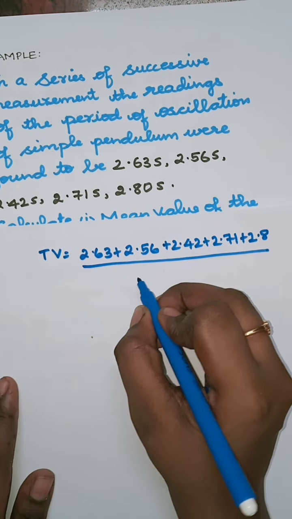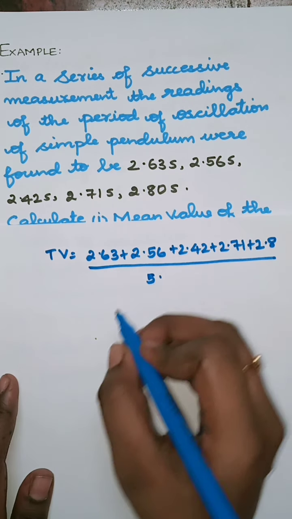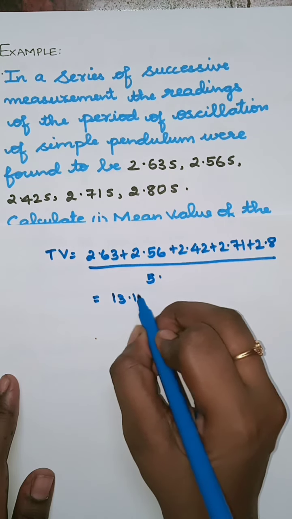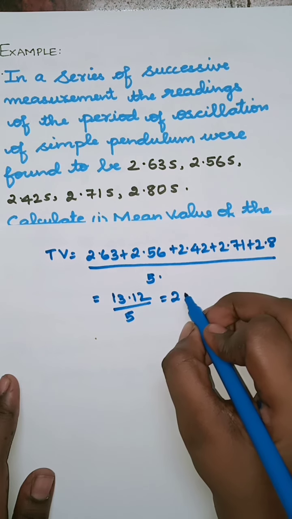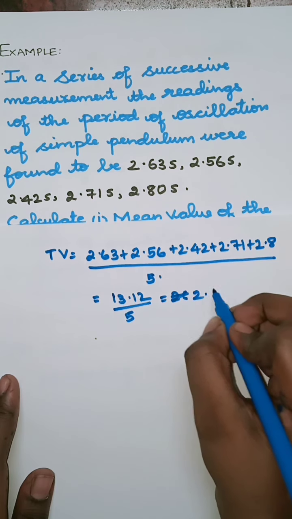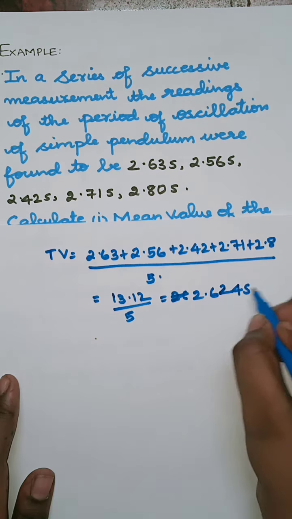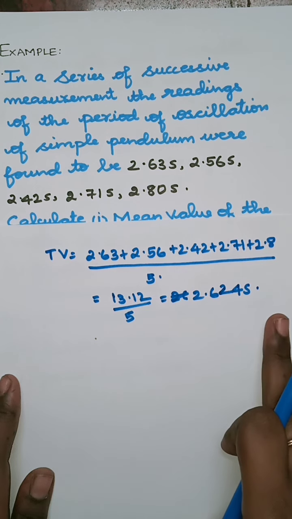How many values are present? 5 values are present, so divided by 5. What answer do you get? 13.12 divided by 5, which is nothing but 2.624 seconds. The answer is 2.624 seconds.